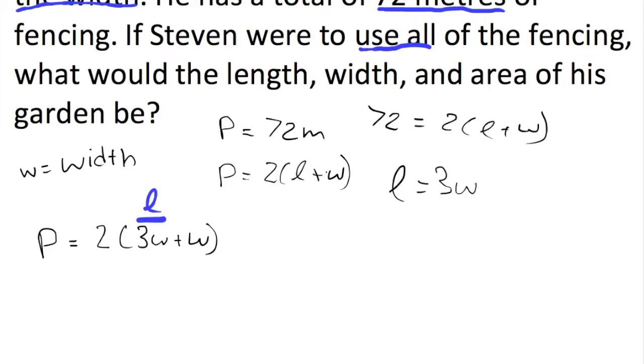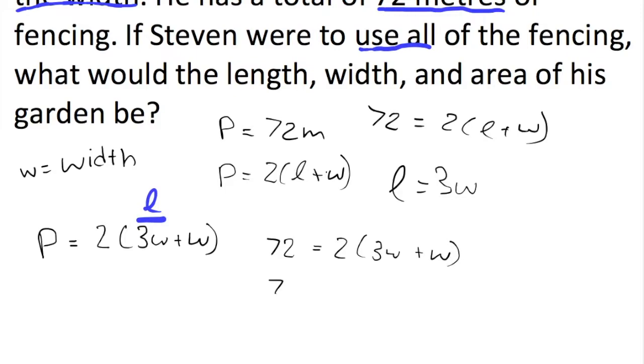We can say that the perimeter, which is 72, because 72 meters is the total amount of fencing Stephen has. So 72 is equal to 2 times (3W plus W), right?